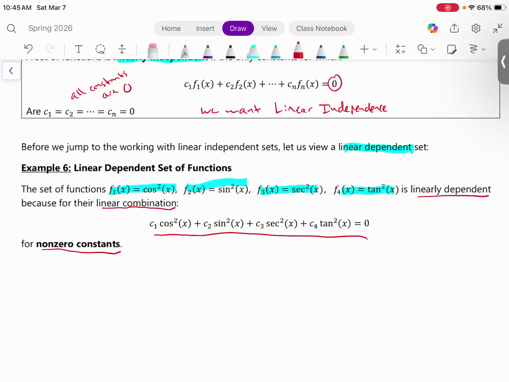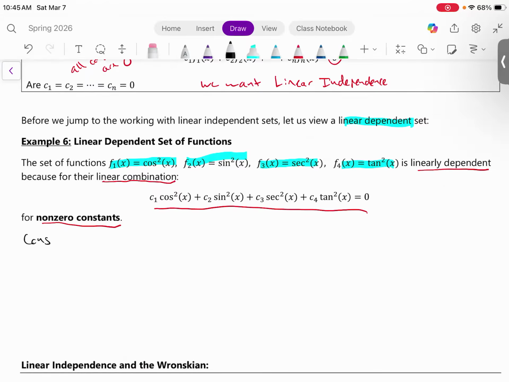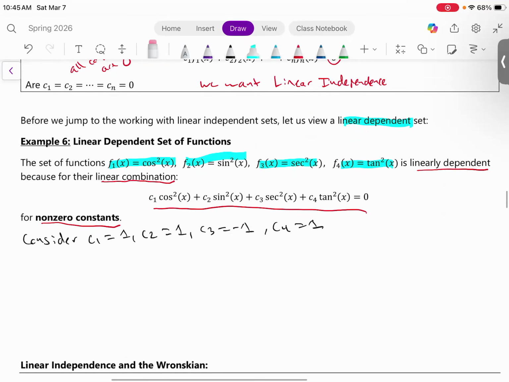Let's see what these possible constants could be. Let's consider c1 equals 1, c2 equals 1, c3 equals -1, and c4 equals 1. These are all non-zero constants. Let's see what that linear combination would look like.